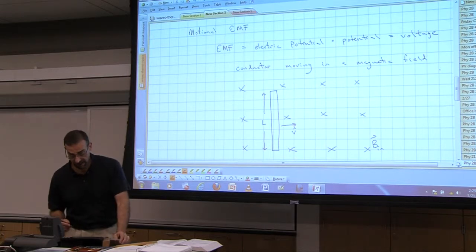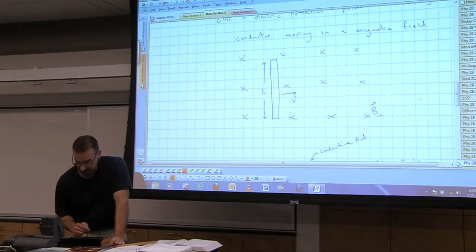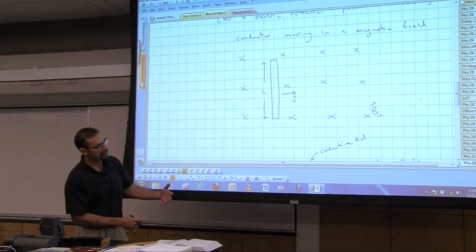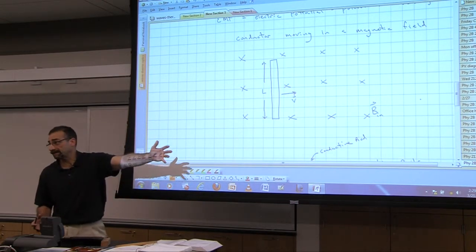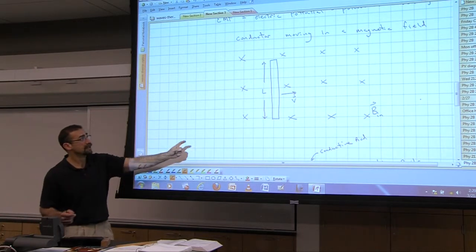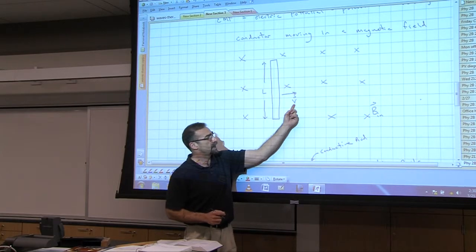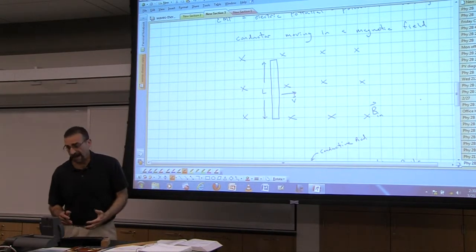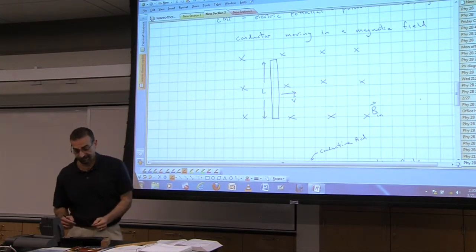So, induced potential, or EMF, in a conductor as it moves through a magnetic field. What happens? A conductor is full of charged particles, right? And they are free to move around. That's the definition of a conductor. So as this conductor moves to the right with some velocity v in a magnetic field into the page, what happens to those charged particles inside the conductor?